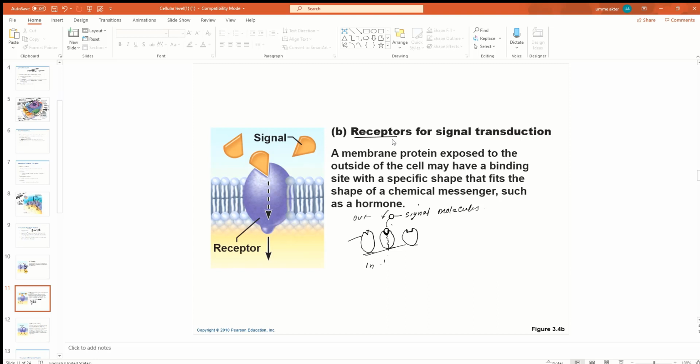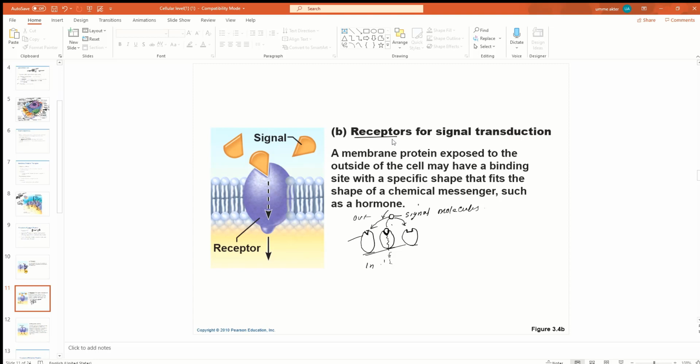And when the binding is perfect, the signal will go inside and intracellular machineries will start to work. It's like you put your key in the car and turn, and that starts the engine. Same way, if this one goes there, it will say no, my binding site is not perfect for you. Goes here, it will say no.